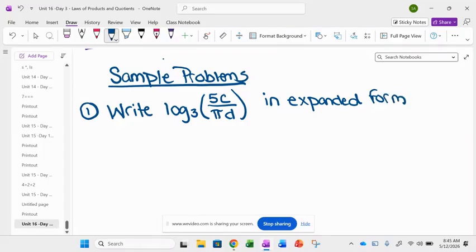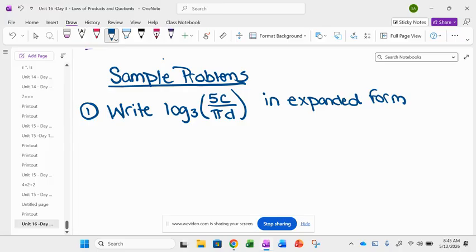Now, to expand something, doesn't it mean to stretch it, to make it bigger, right? So if I'm expanding it, obviously we're making it longer, we're making it bigger. For me to make this longer, the first thing I'm noticing within my argument is division.